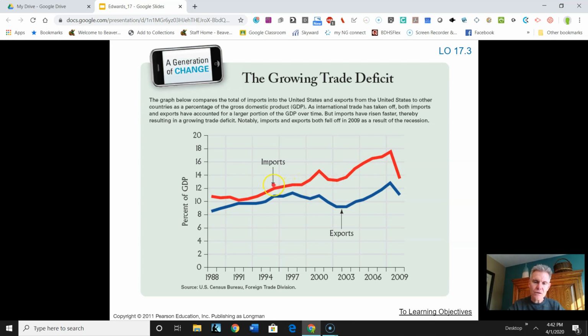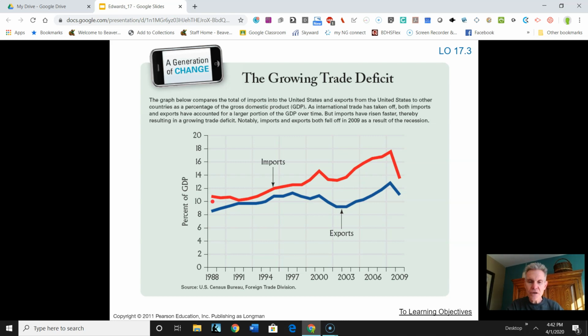And that's going to be something that, if on the AP exam you're given a graph to describe, then you want to look for those trend lines. They might ask you to describe a trend, and that's what you want to look for. The other thing is that when you compare imports and exports, what can you say about these two differences?